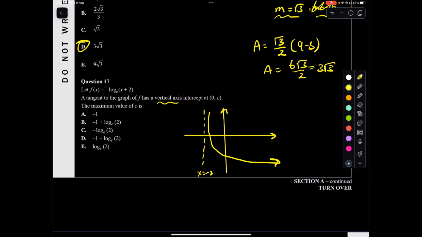Vertical axis means just your y-intercept. So find a maximum value of c. Okay, so a tangent to the graph has a vertical axis at 0, 3. Yep, and we want the maximum value of c.